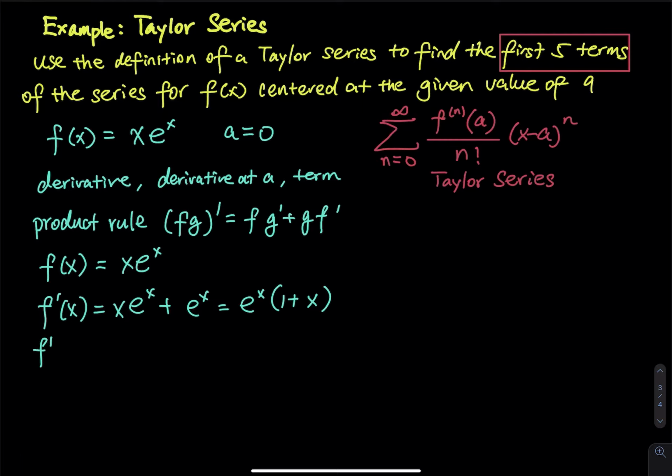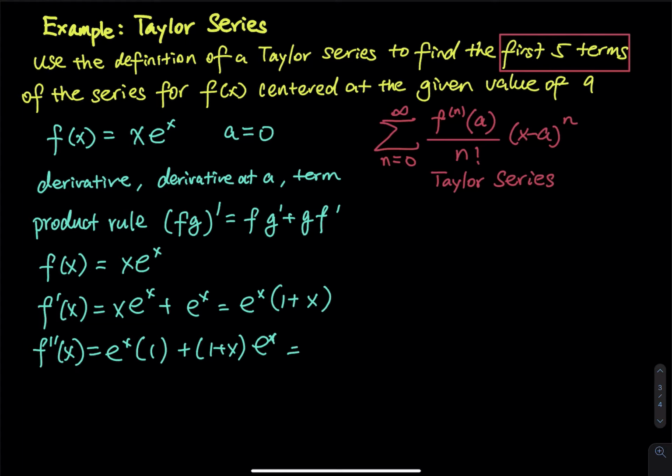And then the double prime, which is the derivative of the previous answer. This one will be e to the x times the derivative of the parenthesis, which is 0 plus 1, just a 1, plus g f prime, so that will be (1 plus x) times the derivative of e to the x, which is still e to the x.